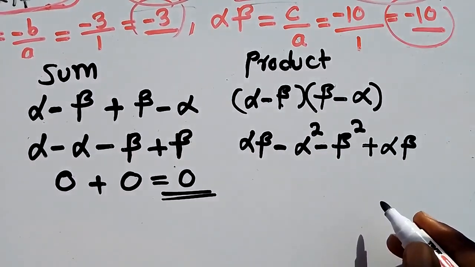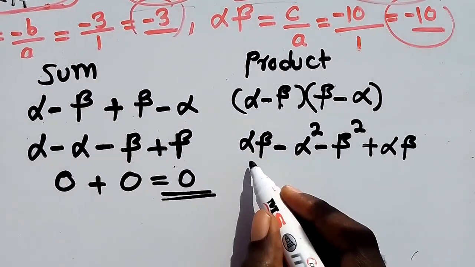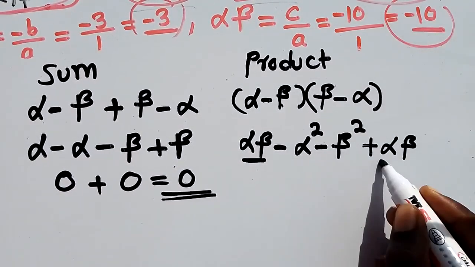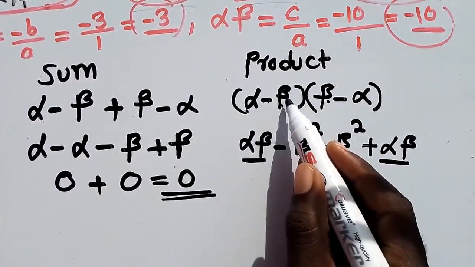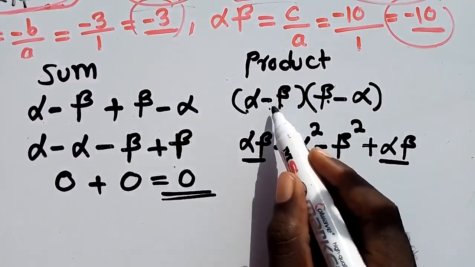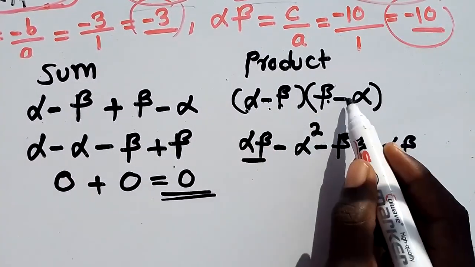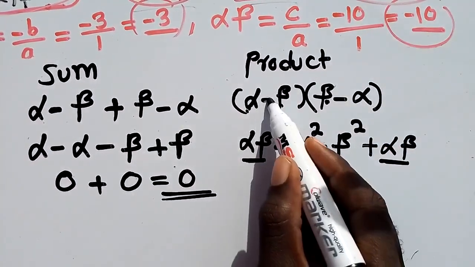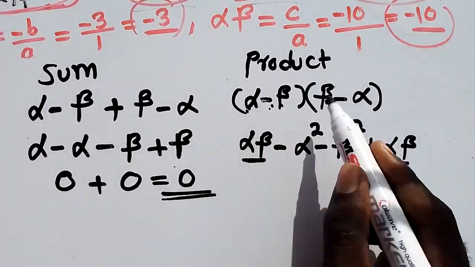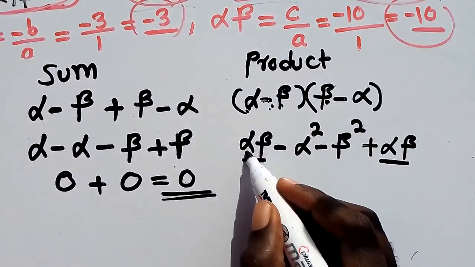So this is what I've come up with. I can see you are able to relate here. Alpha times beta is alpha beta. Negative beta times alpha, negative alpha beta, and alpha times alpha is alpha squared, negative there. Beta times beta is beta squared, we keep the negative there. Then negative, negative, positive alpha beta, like this. So when we add these two, have you seen alpha?